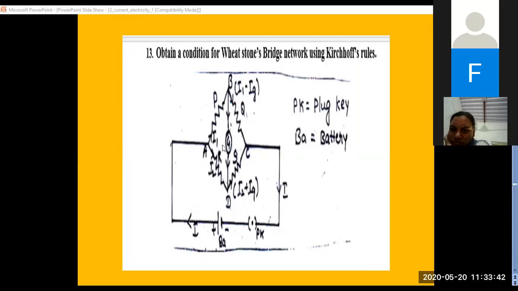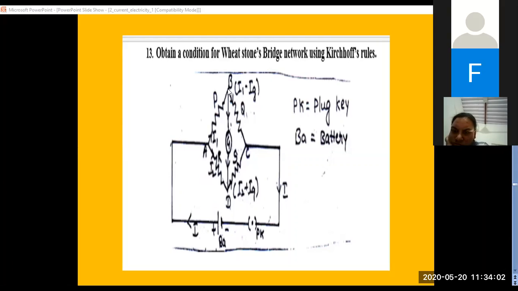A quick brief-up. At the node A, I will be equal to I1 plus I2, equation 1. Applying voltage law to the loop A, B, D and A: I1 into P plus Ig into G minus I2 into R will be equal to 0.